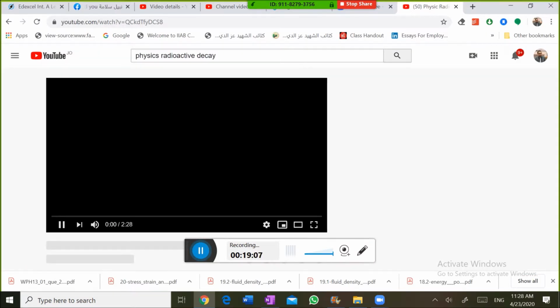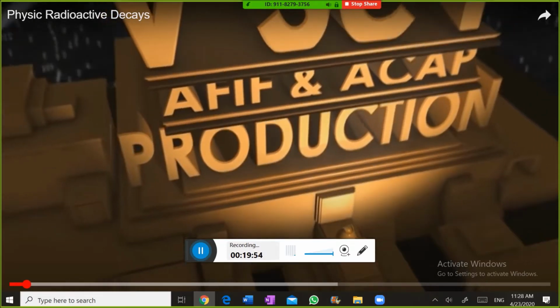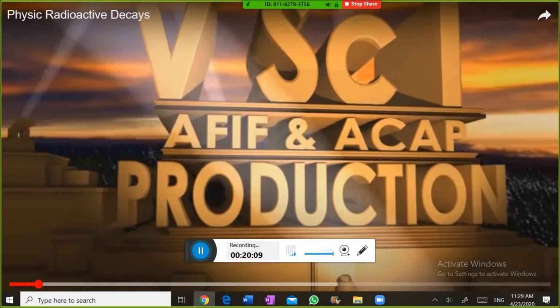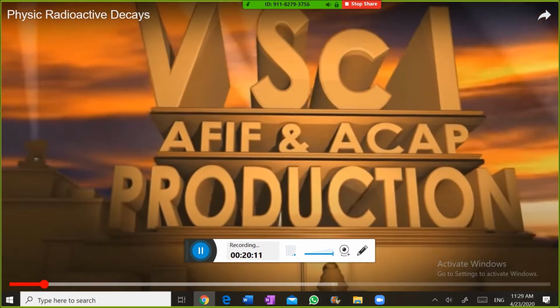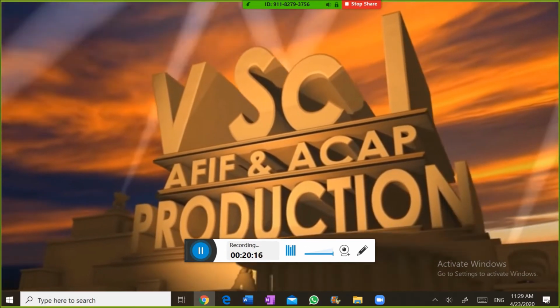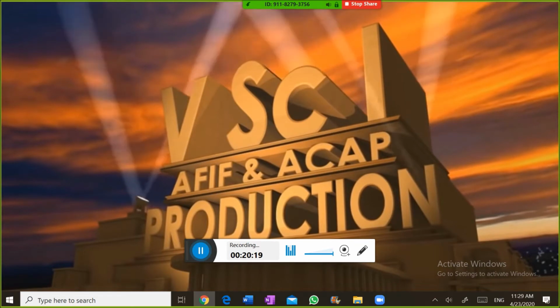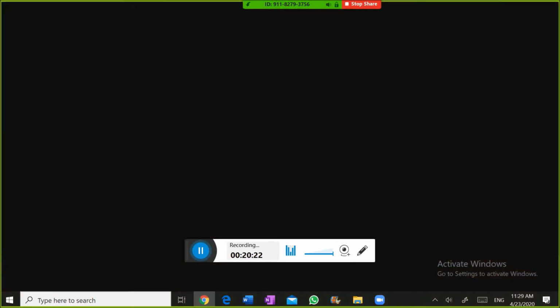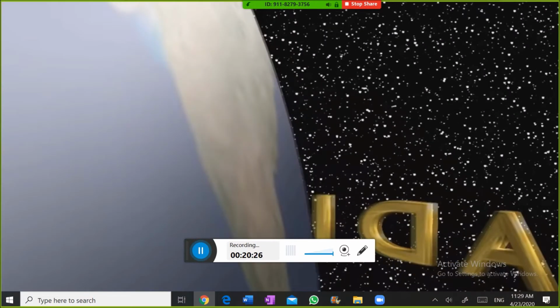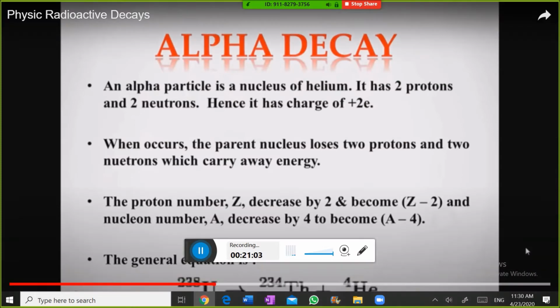This is a good simulation, guys, for the radioactive decay. The first decay, or first part, is called alpha decay.